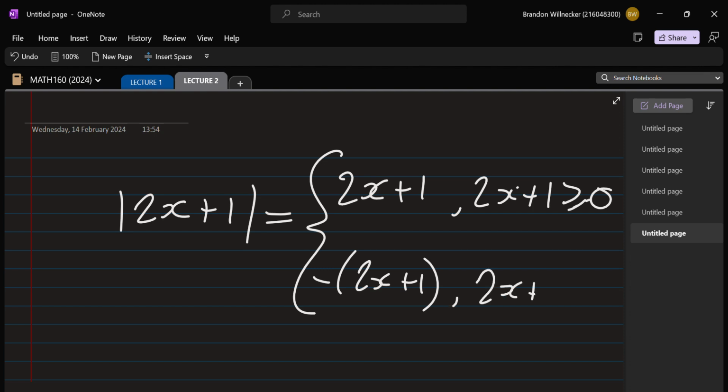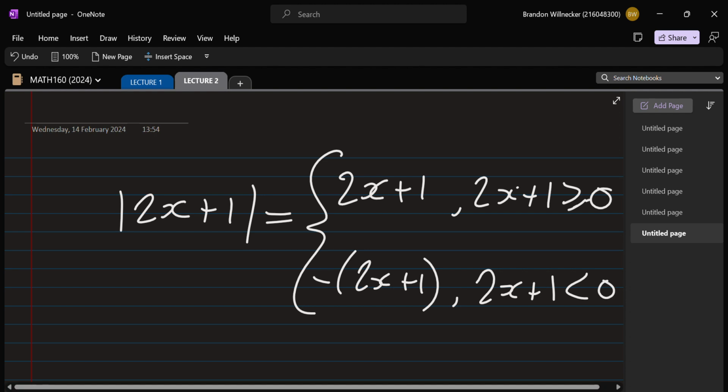So that whole thing, 2x plus 1 less than 0. Okay, makes sense? So in the previous example with the absolute value of x, we're now replacing x with that whole expression. So before we had minus x when x was less than 0, now we have minus the whole thing when the whole thing is less than 0. Okay, I hope that is very clear.